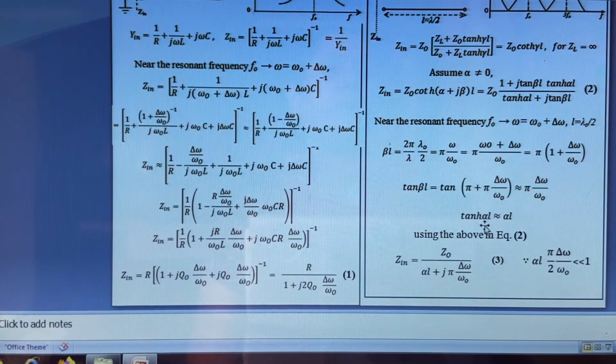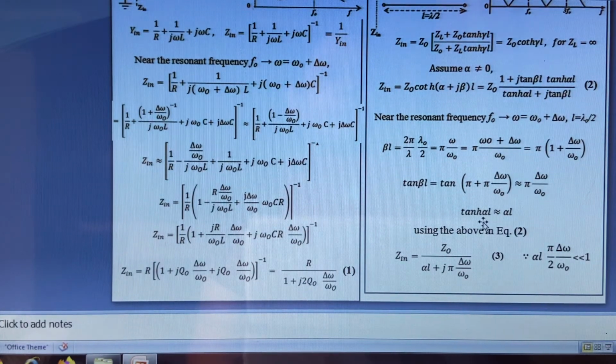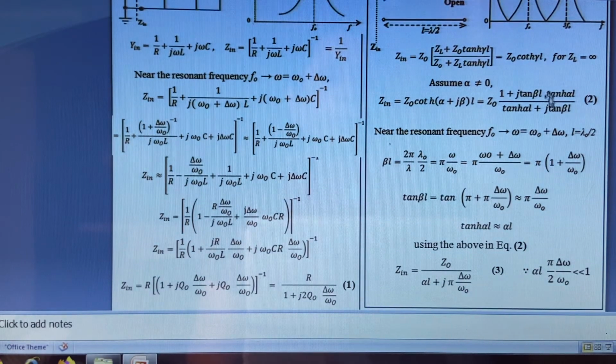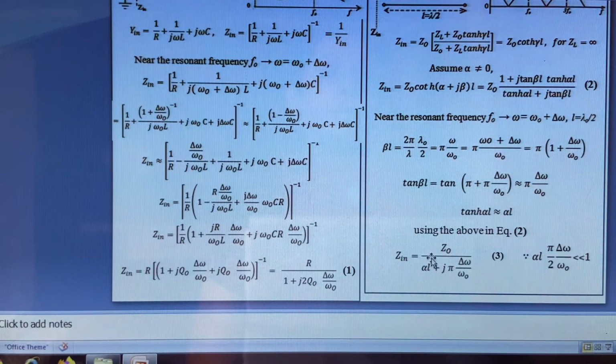Now tanh alpha L, assuming alpha L is small, we can write tanh alpha L approximately equal to alpha L. So using tanh alpha L approximately equal to alpha L, and tan beta L equal to pi delta omega by omega naught, and assuming alpha L times pi delta omega by 2 omega naught is very much less than 1, equation 2 can be rewritten, and using all these values we get this equation for ZIN.